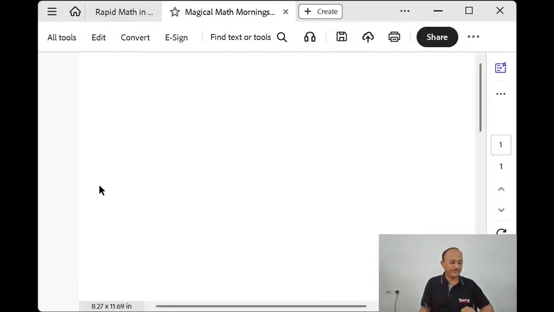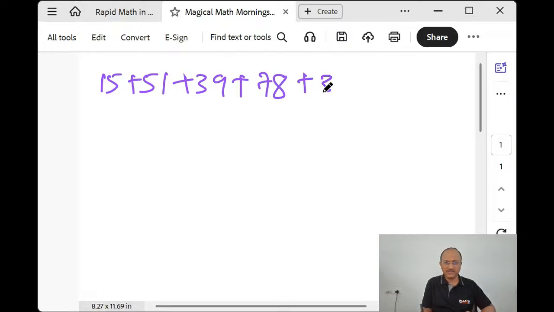Let's take this simple one I'll give for you to answer me. 15 plus 51 plus 39 plus 78 plus 30. Add this. First, always look for the things which can make a close friend couple.